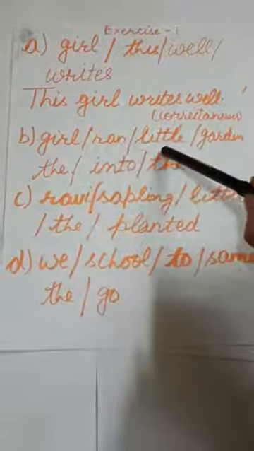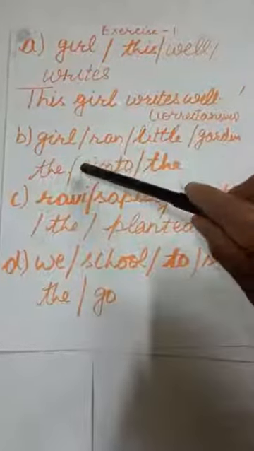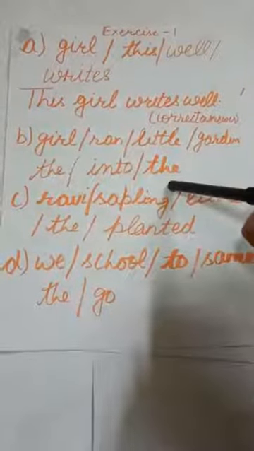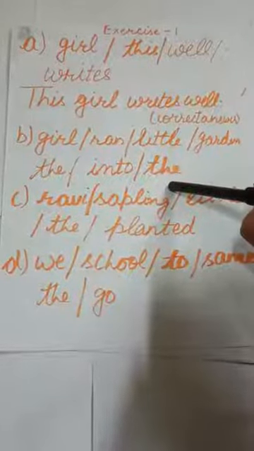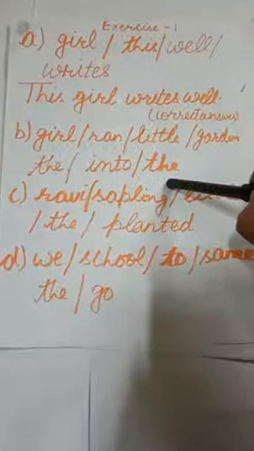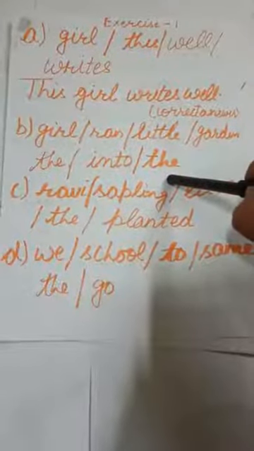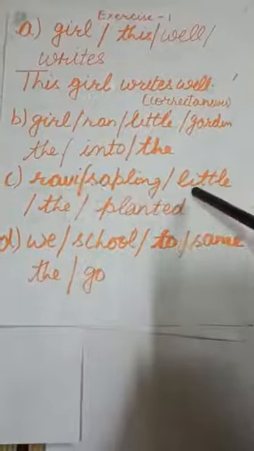"Girl ran little garden. The into the." You have to arrange the words in a manner so that they can make sense. "Ravi sapling little the planted." These are more words to make a sentence and you have to take care of capital letters also.